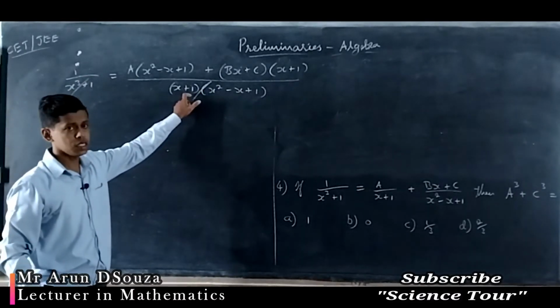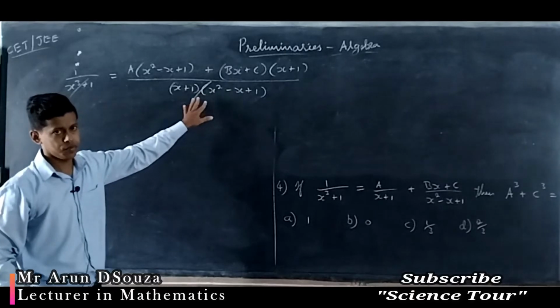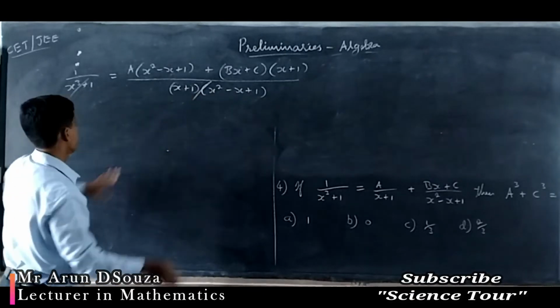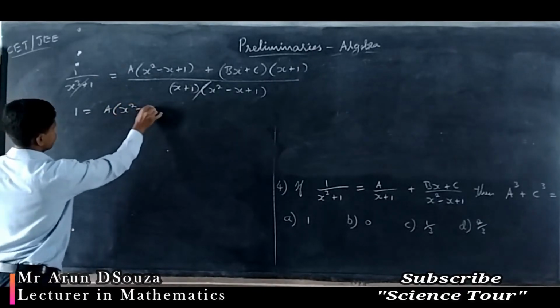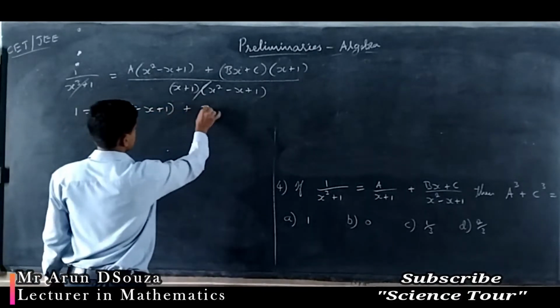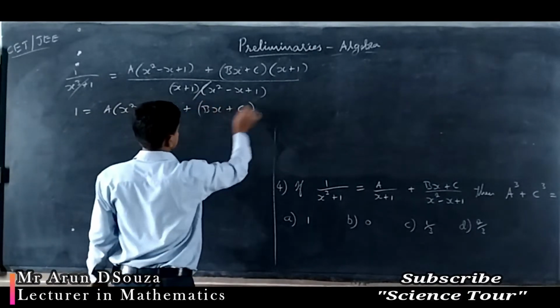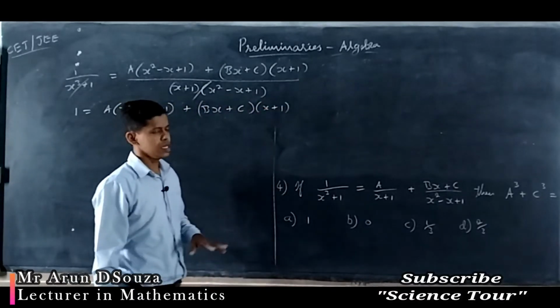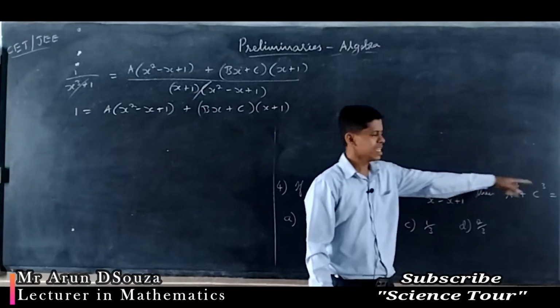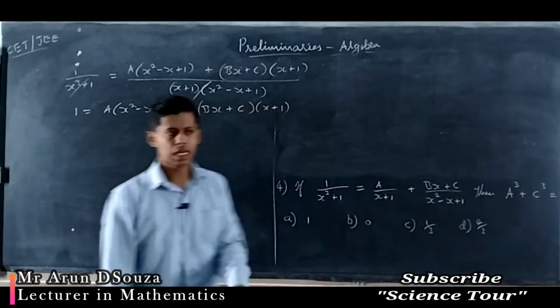I hope you understood. This is x cube plus 1, a cube plus b cube formula. Well, now what we are left with is this. Now I need the values of a, b and c. Basically I need a and c. So let me find only a and c if possible.